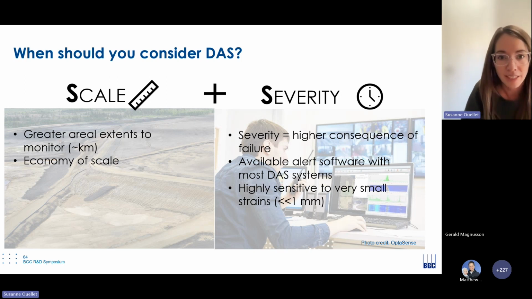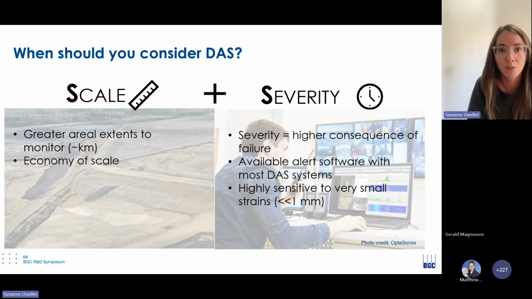And then the other area that I want to highlight is the severity. Severity represents the consequence of failure. Many DAS systems come with available alert software. They can be configured to alert to different thresholds, and they can be integrated into different security settings.